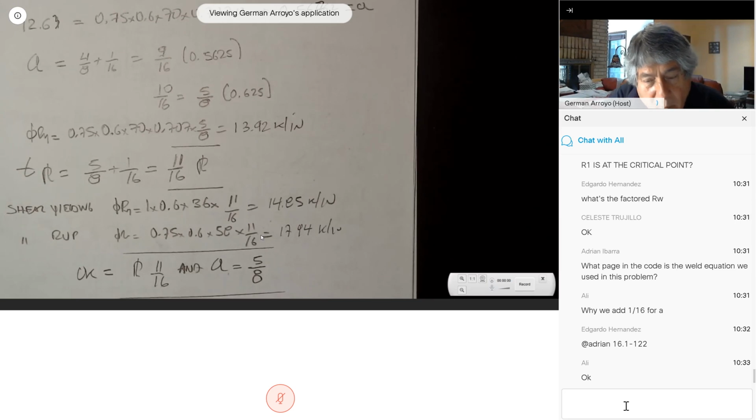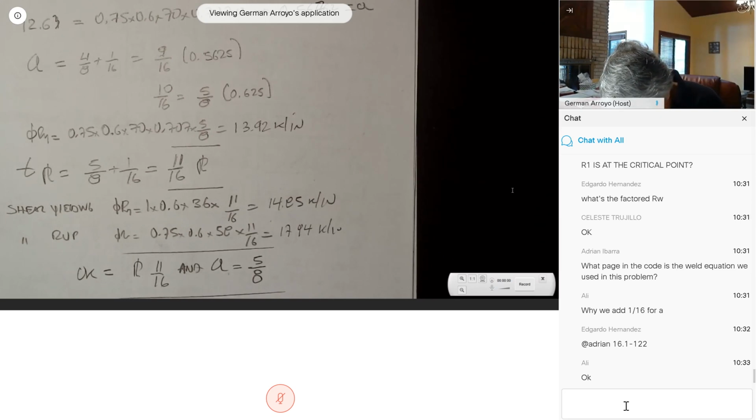And remember, whatever we do, if we have the information, we need to check why we add 116 at several locations.